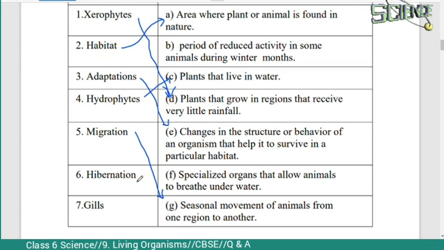Hibernation. Hibernation is a period of reduced activity in some animals during winter months. Gills. Gills are specialized organs that allow animals to breathe under water.